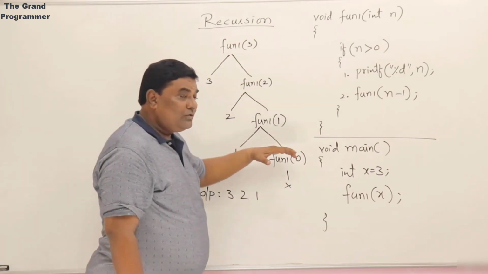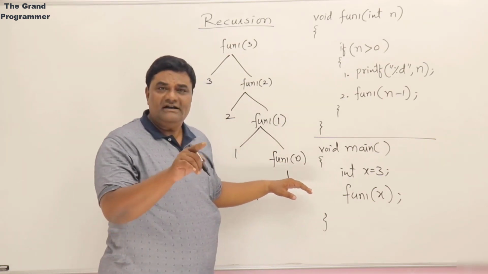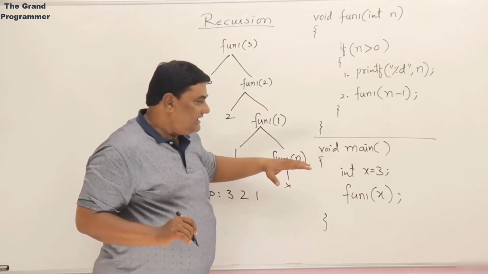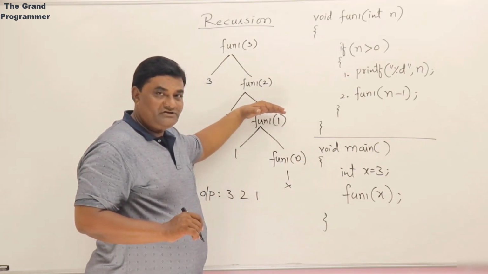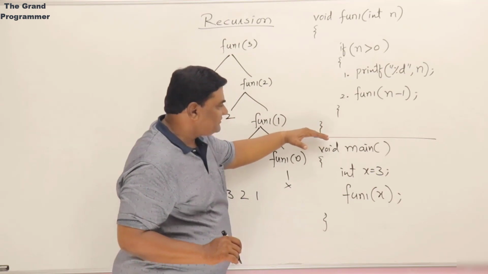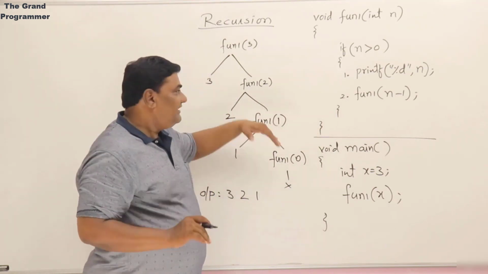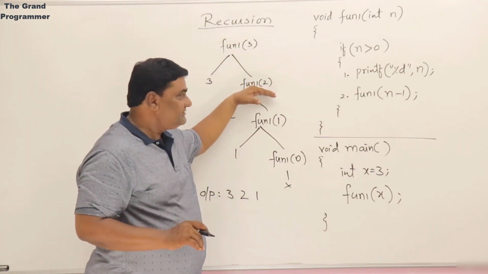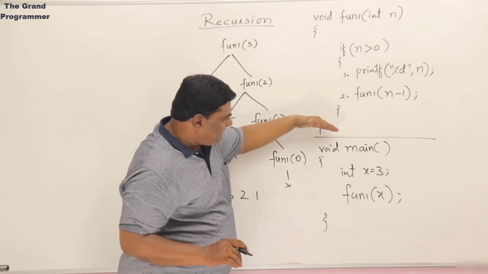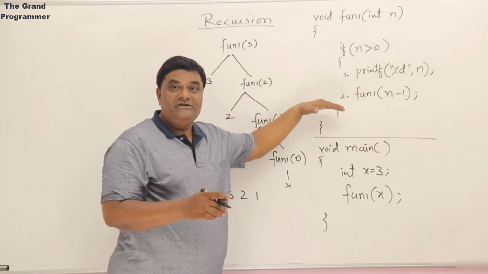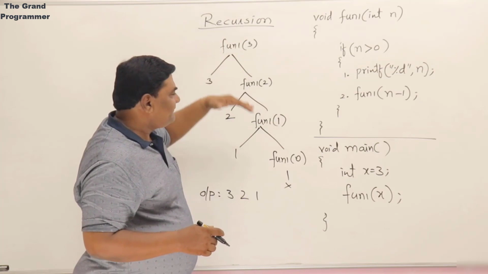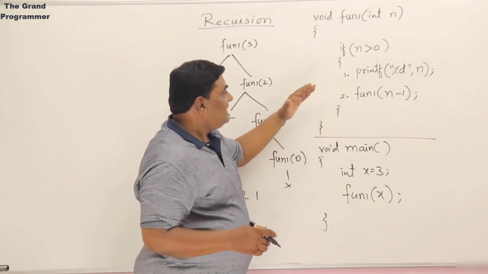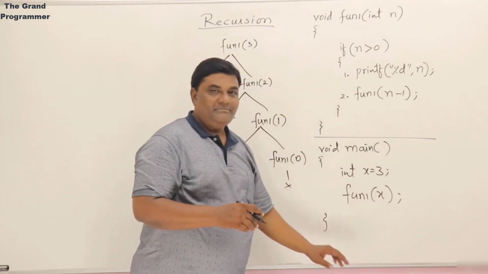So there is no further calling. Then what does it have to do? It will go back to the previous function and come out of the function. So this function finishes. It goes back to the previous function, that is in this line, and comes out. Afterwards there is nothing remaining, so it will simply come out and go back to this function and come out of this one. Then it will come back to main and terminate.